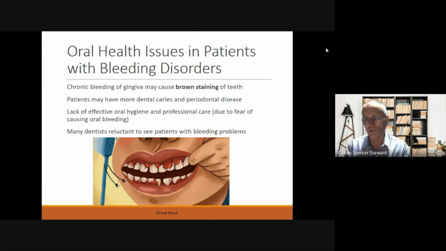This can be due to a fear of causing oral bleeding, so they may neglect brushing their teeth or avoid going to the dentist because of a fear of oral bleeding that may occur. In addition, many dentists may be reluctant to see patients with bleeding problems.